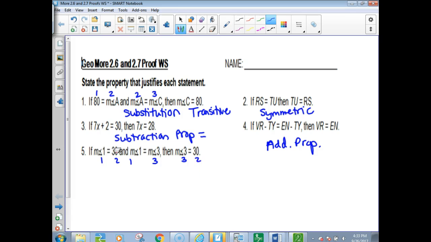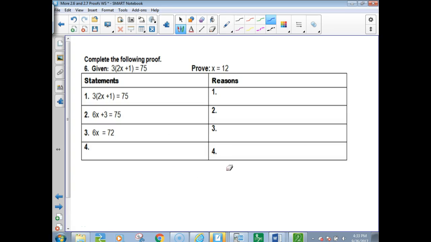We're just replacing the measure of angle 1 with 30 degrees to get angle 3 is 30. So substitution. And I'm going to just get rid of that. It just was trying to show you why it's not transitive. This is the substitution property.